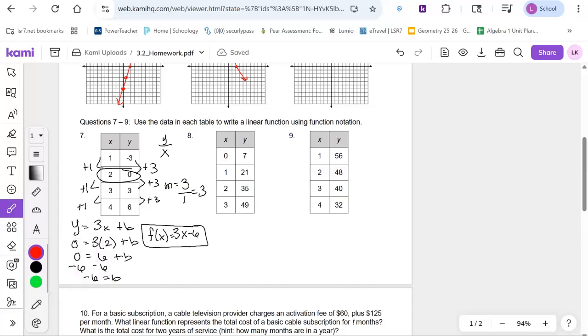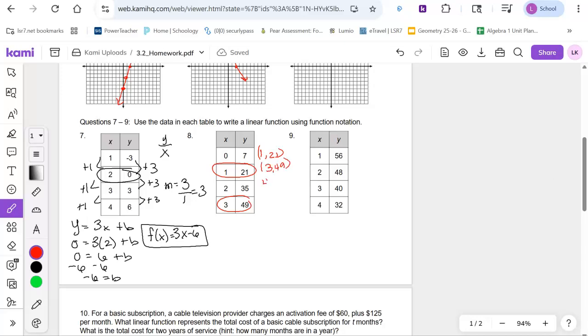So if I'm looking at 8, I'm going to pick 2 points and do my slope. So I'm going to have (1, 21) and (3, 49).